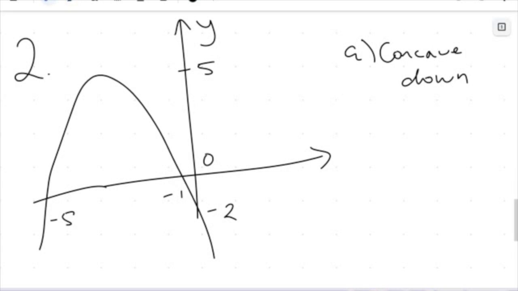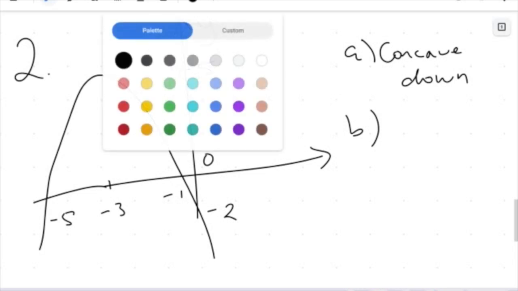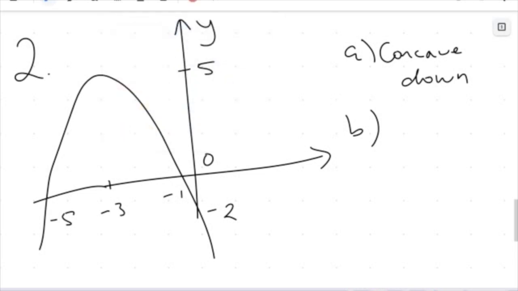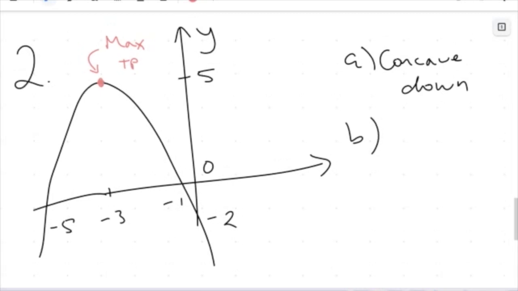Now, I just forgot to put a point in here. Now, what is the turning point? Let's do that for question B. Well, first we want to identify what is the maximum point on this parabola. Now that is up here. So this is concave down, so we know that there is going to be a maximum turning point. And we want to find the coordinates of this.